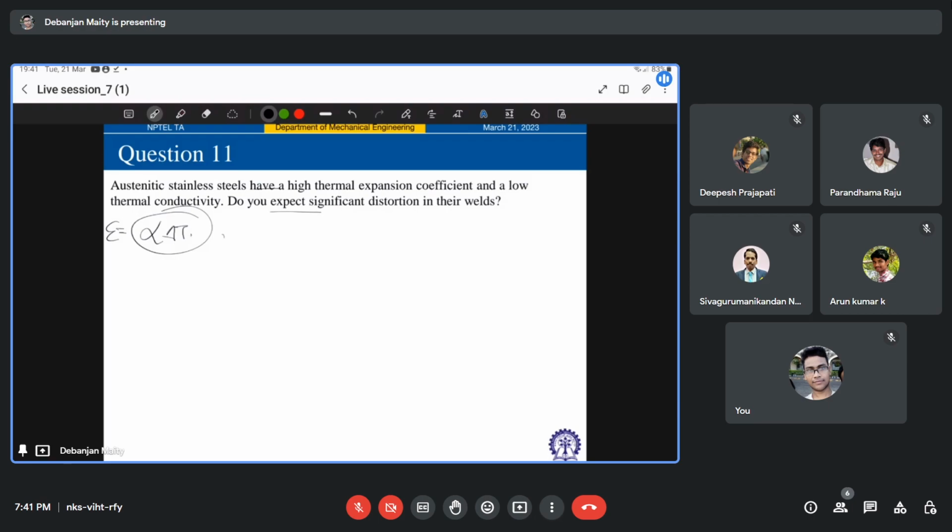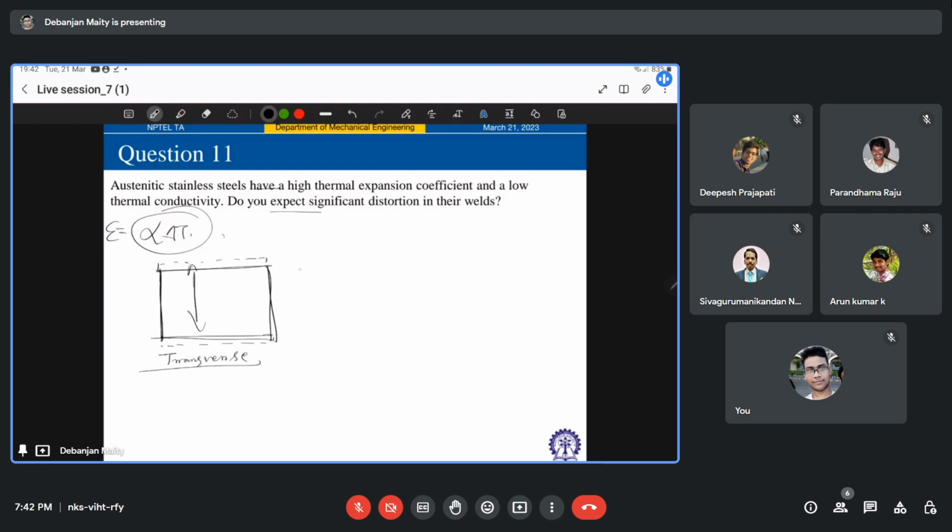If you see different types of distortion, let's say this was your initial shape of your parent metal. There can be distortion like this. There can be distortion like this, transverse in this direction.